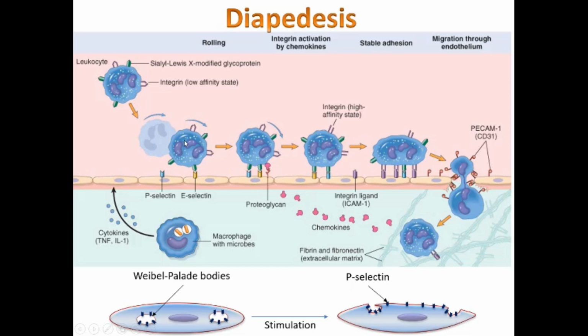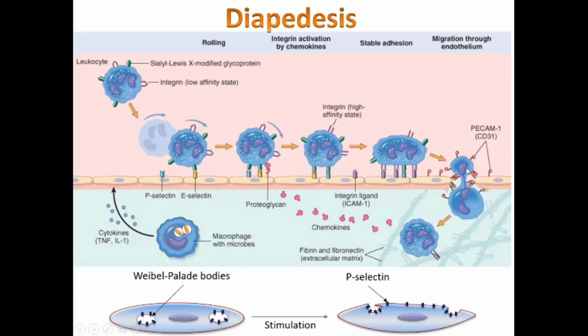The leukocytes have a ligand on their surface for this receptor, so they attach and slow down. After that, they make a firm junction by producing another group of proteins called integrins. And by the integrins, they can stop completely.